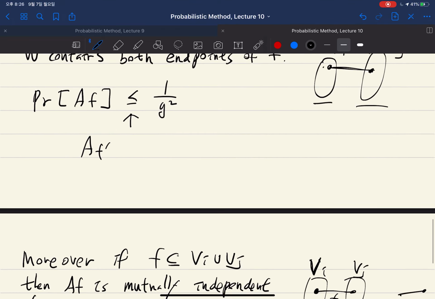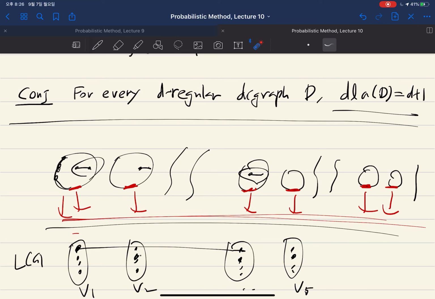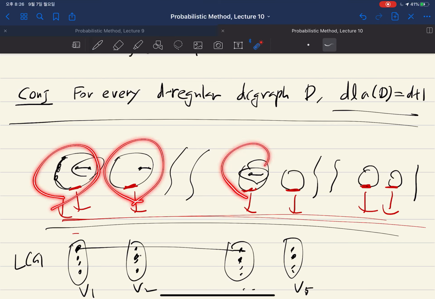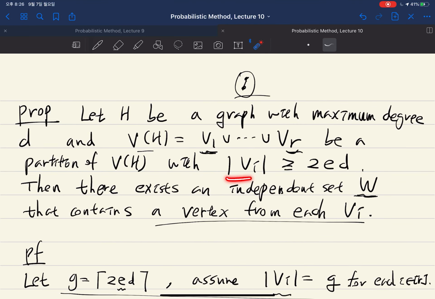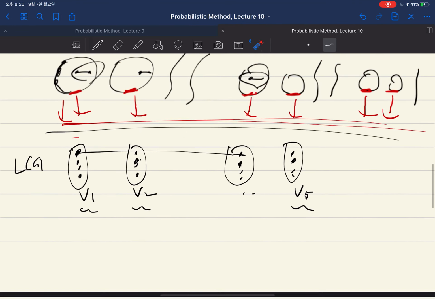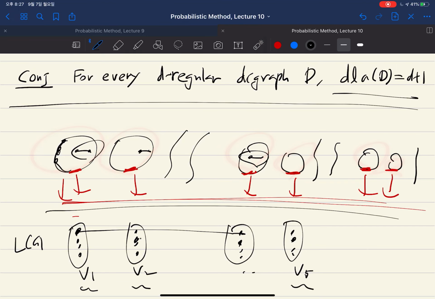So using this, now we want to do as we wanted. For each of these edge sets, we want to choose one, so that the chosen edges, which correspond to vertices in this line graph, form an independent set, meaning that this forms a matching. But there is one condition here, that each Bi has to be large. So if all the cycles are long here, then we can do this.